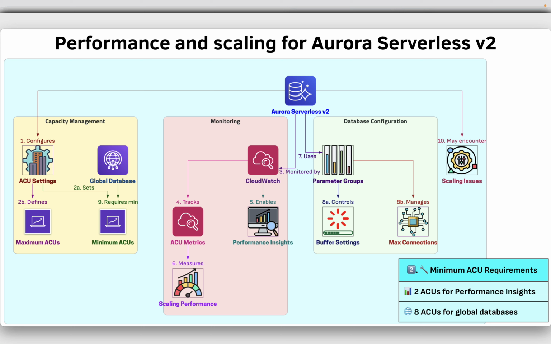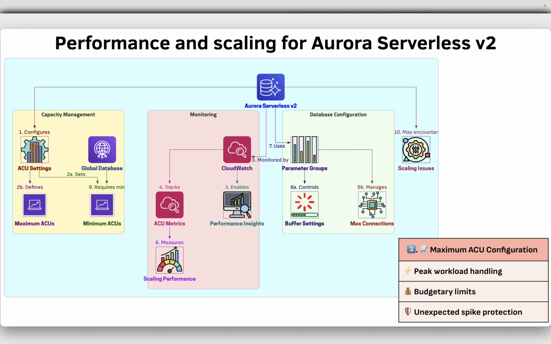The minimum ACU setting should be carefully chosen based on features in use, with a recommended minimum of 2 ACUs for Performance Insights and 8 ACUs for Aurora global databases in the primary region.